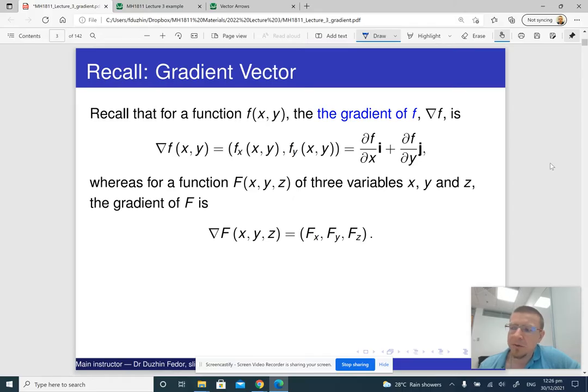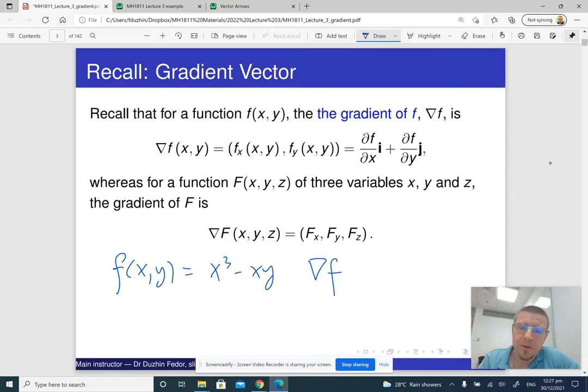If we have a function of two variables, for example f of x y is x cubed minus x y, then the gradient vector is just the vector of two partial derivatives.